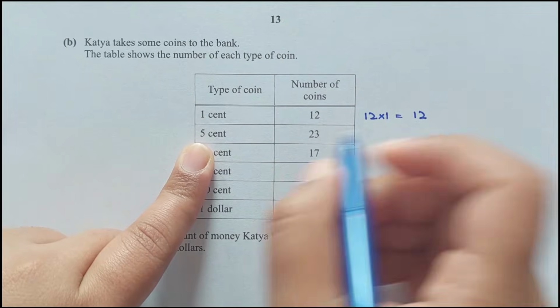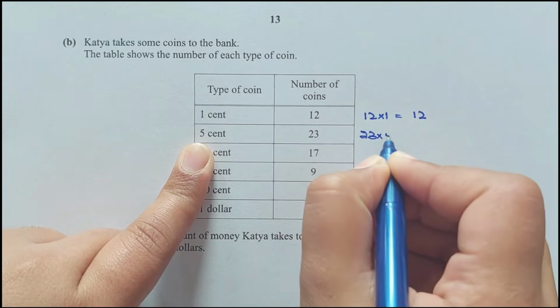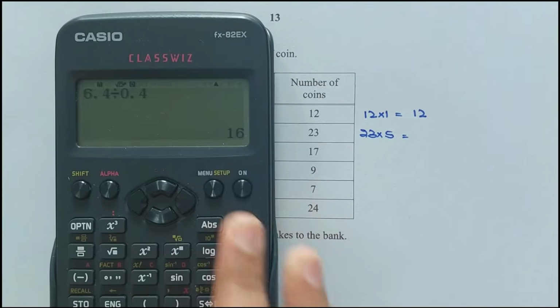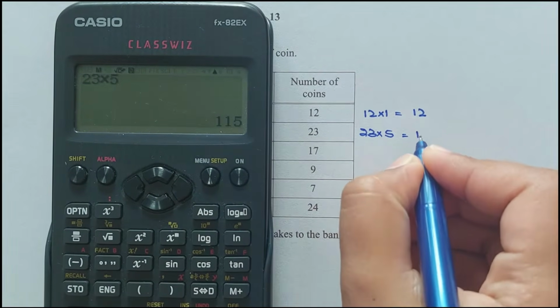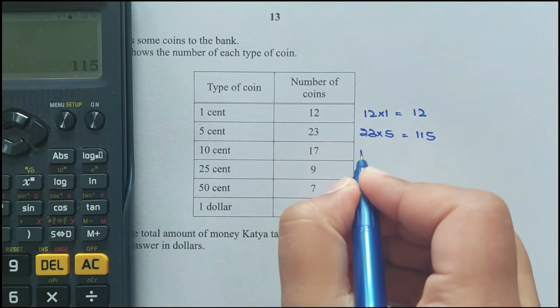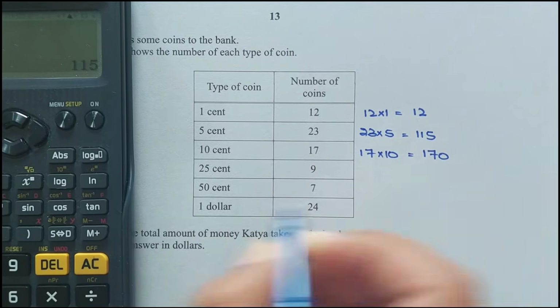And 23 coins of 5 cents. 23 times 5 is 115 cents. These are all in cents, right? 17 times 10 is 170 cents.